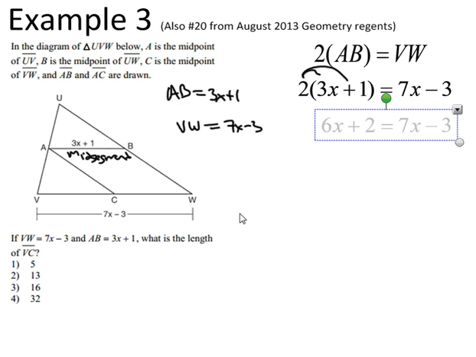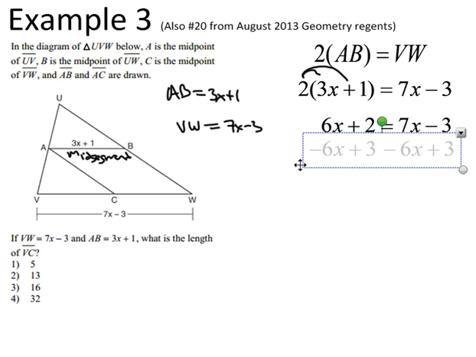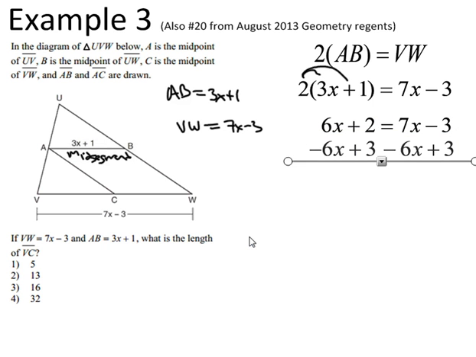I get 6x plus 2. I'm going to go ahead and solve for x. So I'm going to say minus 6x on both sides. This will cancel out. And I'm going to add 3 to both sides. This will cancel out. And that's just going to give me 5 equals x. I just did it all there in one step.